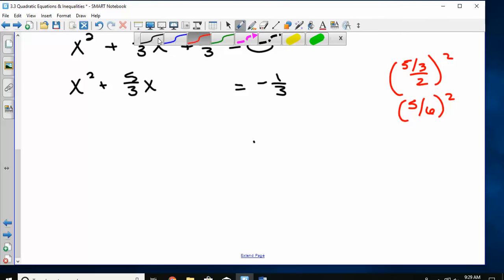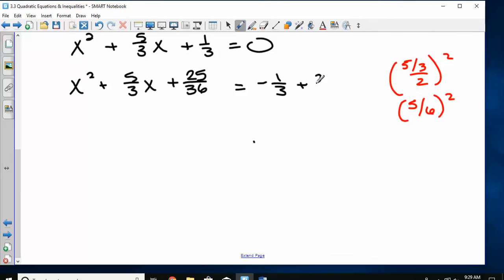When you square that, you get... okay, so this was a positive 5/6, so that means this is going to factor into x plus 5/6. Okay, this would be 1/3, is that right? Is that what you guys got?